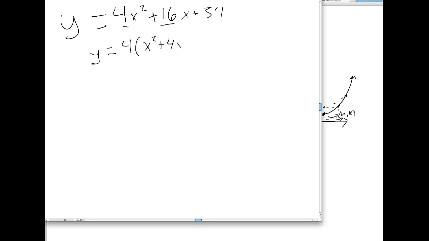But then we're actually going to complete the square here. So we're going to go plus some number and then plus 34 on the outside. But then also we're going to have to subtract what we add in here. So we're going to be adding 4 times some number.